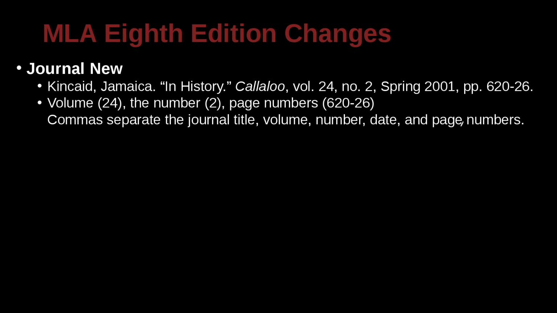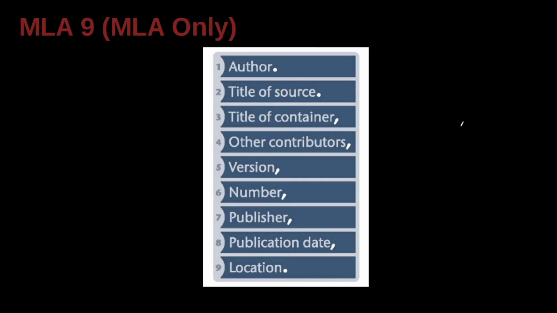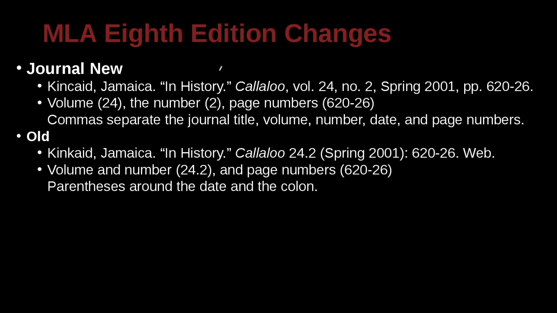Let's take a look at the journal name changes inside the reference list. In this case, the new approach is the author's name, and then the article, which is the chapter or the article that's inside of something bigger, and then here is the bigger unit, that's the container.